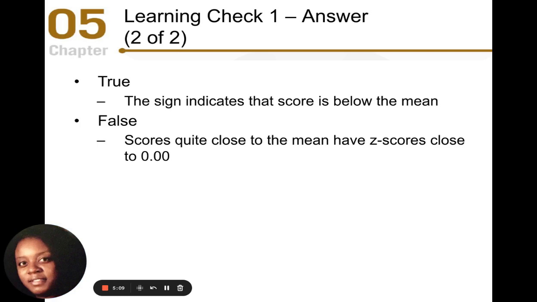The first one is true. The sign indicates the score is below the mean if it's negative. But our second one is actually false, because if a score is close to the mean, then it's going to be 0 instead of 1. If it was at 1, it would be above the mean.